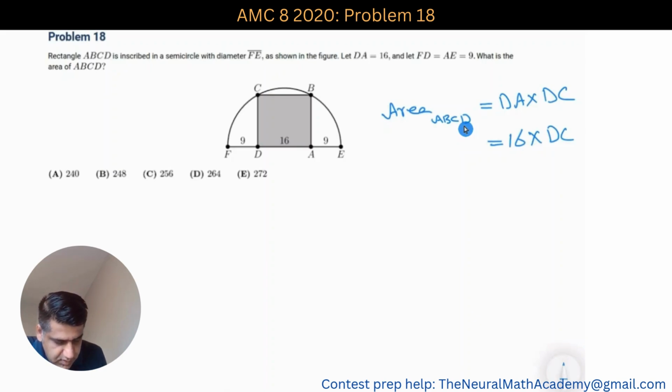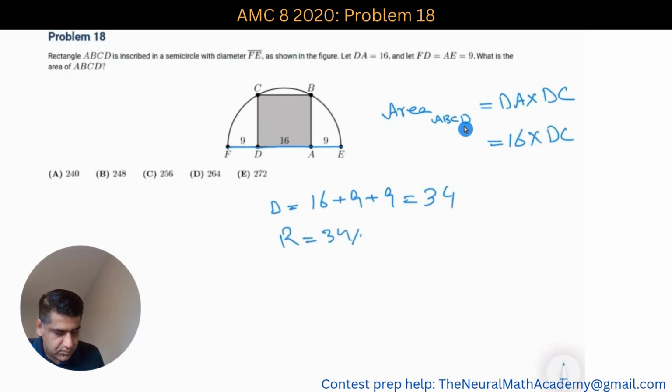So if we see, we are given the total diameter of this segment, and the diameter is 16 plus 9 plus 9. So that would be 25 and then 34. And if I calculate the radius, that would become 17. And that is this.